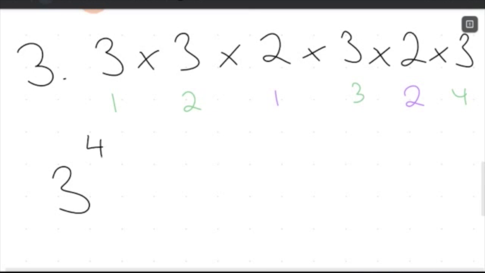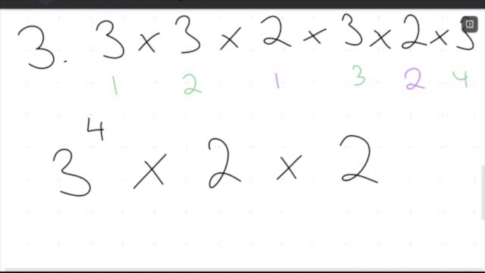So my 4 is going to be my power up the top here. And remember, all of these operations are multiplications. So I'll do this a longer way as well. This is like saying 3 to the power of 4 times 2 times 2. Just to give you one more extra step.